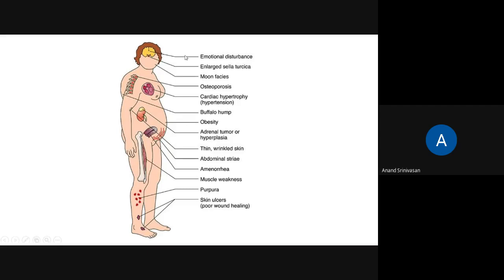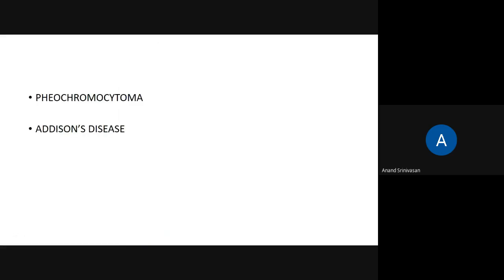They are likely to have emotional disturbances, moon facies, thin bones called osteoporosis, and hypertension. The buffalo hump is a pad of fat just below the neck. There will be obesity, abdominal striae, thin skin, amenorrhea, muscle weakness, purpura, and skin ulcers. These are some of the features seen in Cushing's syndrome.